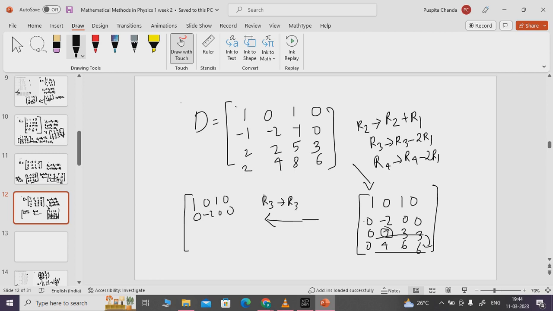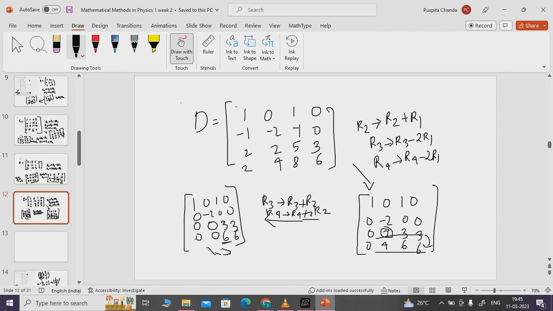So R3 will be R3 plus R2, and R4 will be R4 plus 2 into R2. So this will be 0 0 3 3. This will be 0 0 6 6.